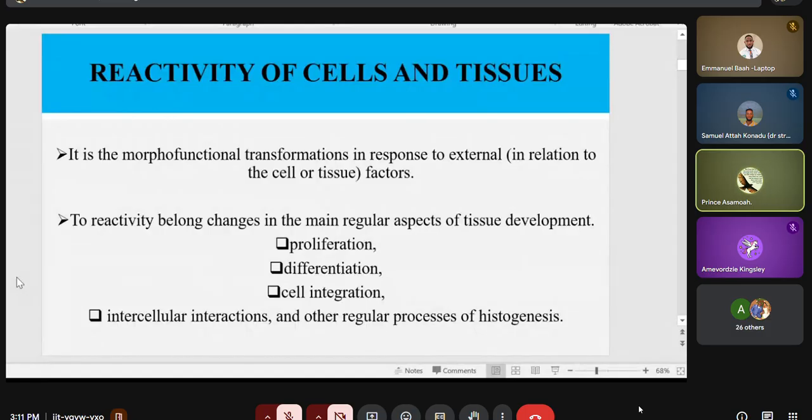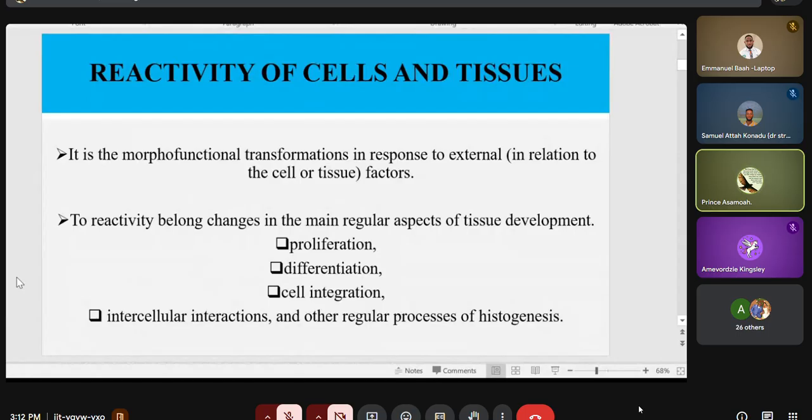So all that we are saying about reactivity of cells is that the cell can encounter external factors. For example, let's take the cells that make up the lung. You inhale a poisonous substance.